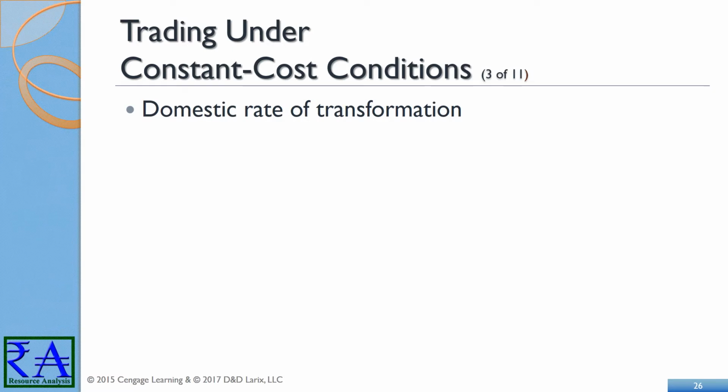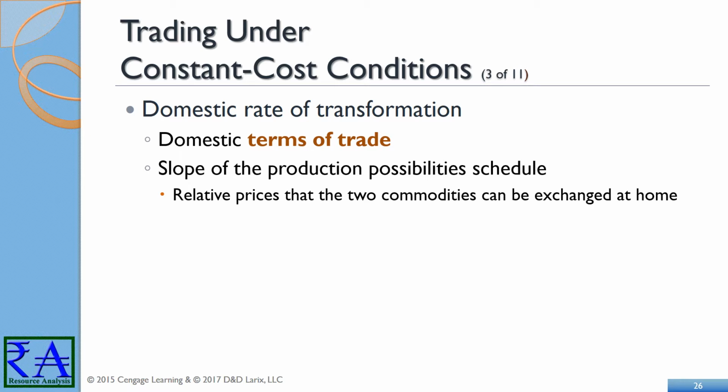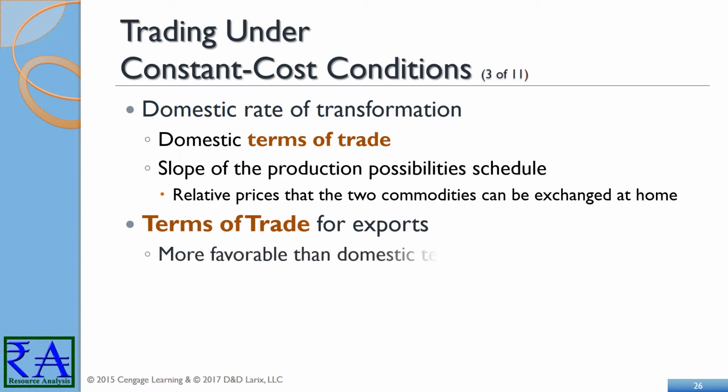The terms of trade for domestic production and consumption establish a baseline of trading conditions within the domestic economy. The combination of specialization gains and consumption gains realized through trade influence export price negotiations. Sellers will seek terms of trade more favorable than the domestic markets can support. At least they will seek terms no less favorable than can be secured at home.